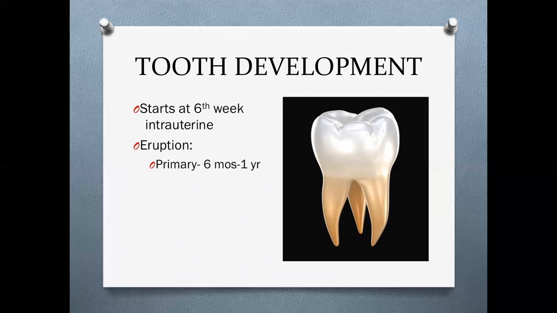Primary teeth erupt at 6 months to 1 year of age, and the permanent teeth start to erupt at 6 years of age.